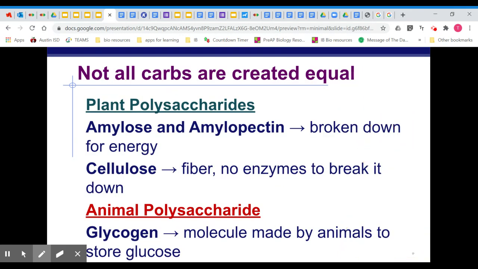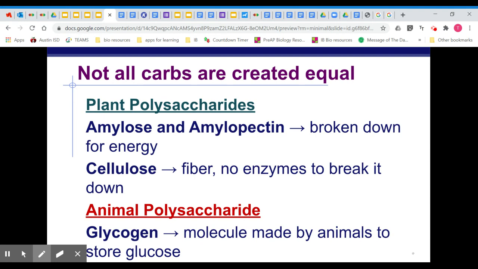Okay. Not all of those are going to be created equal. So amylose and amylopectin are examples of plant polysaccharides that are broken down relatively easily. Amylose is the starch that we're most familiar with, and we can break those down pretty easily for energy.